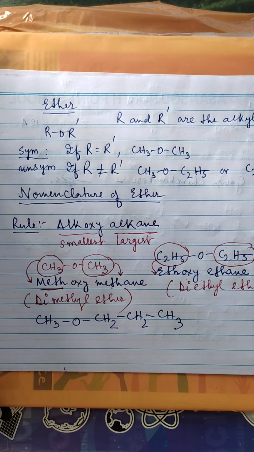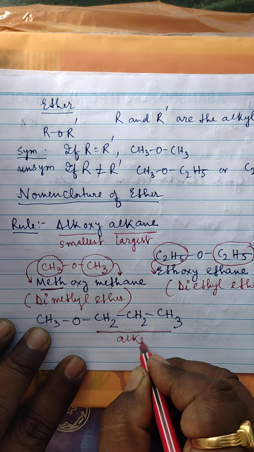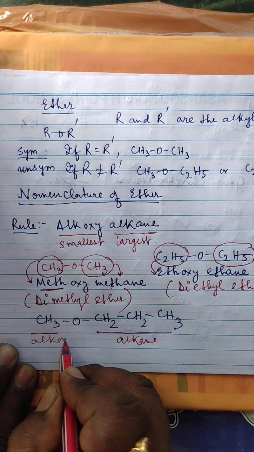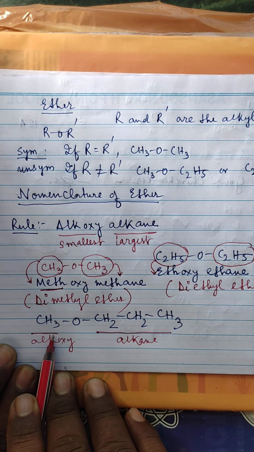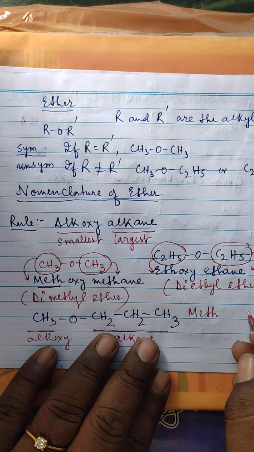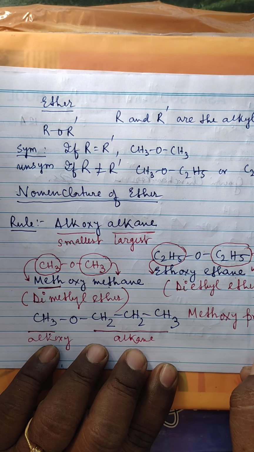According to the rule, it is alkoxyalkane. The larger portion becomes the alkane, and the smaller portion becomes the alkoxy. How many carbons are there? One. So the name of the compound is methoxypropane.